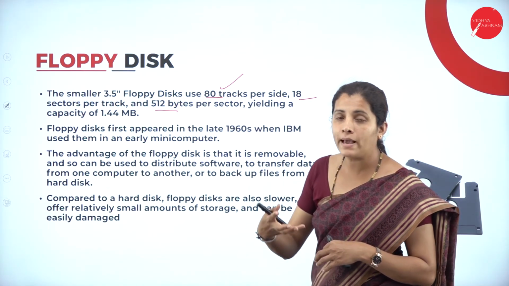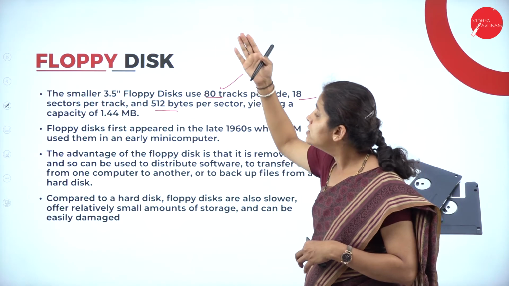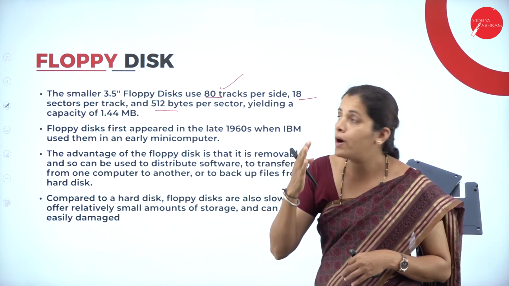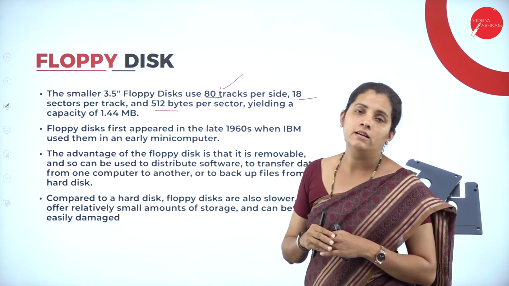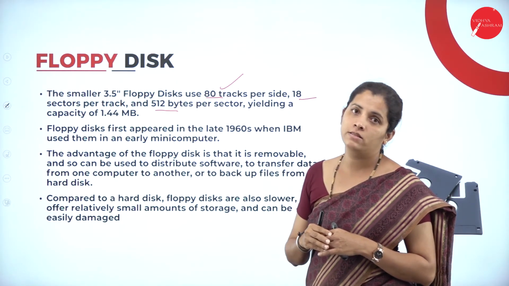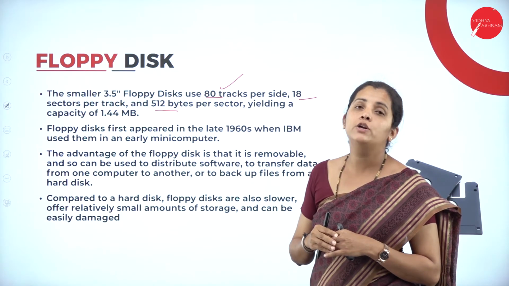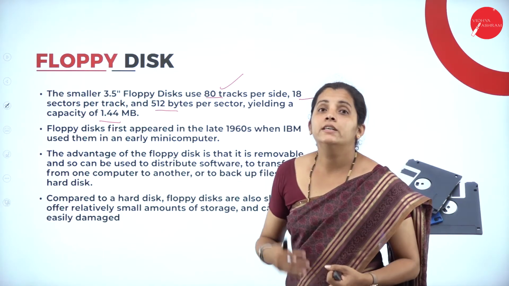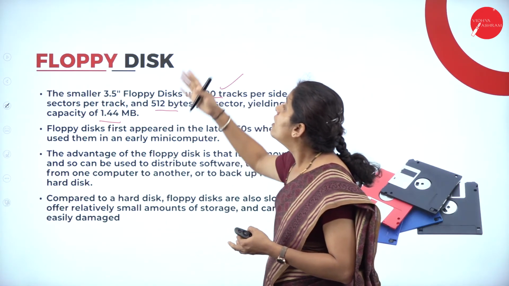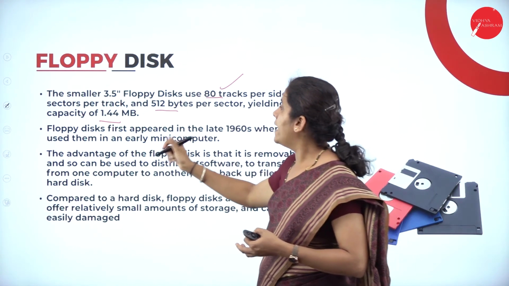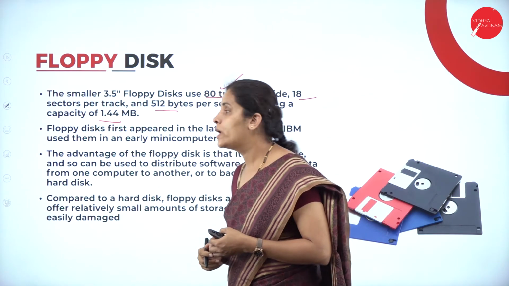So what is the capacity? Dear students, the total capacity of the floppy disk is then 1.44 MB.